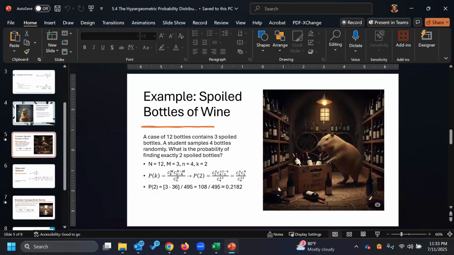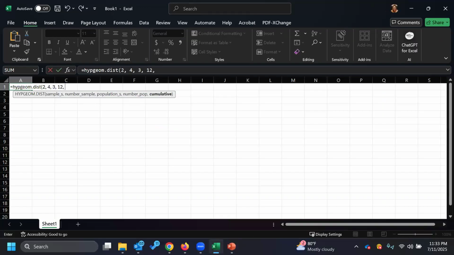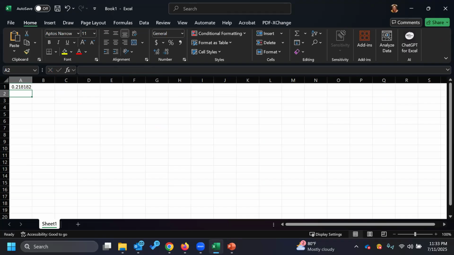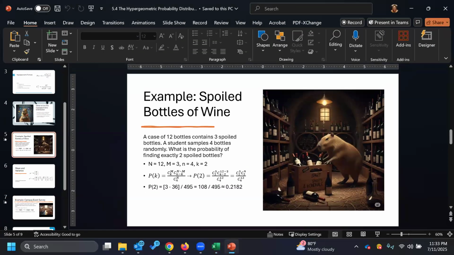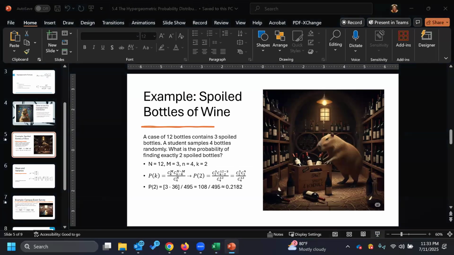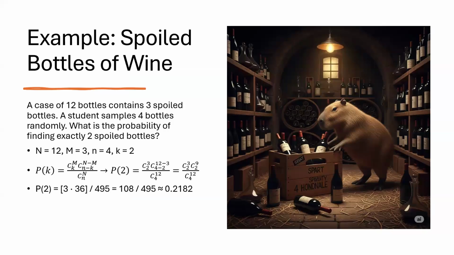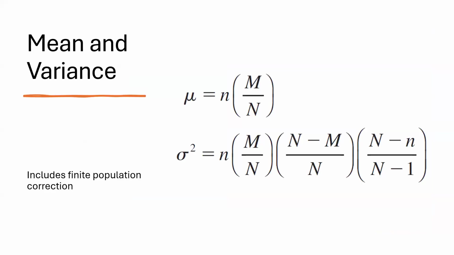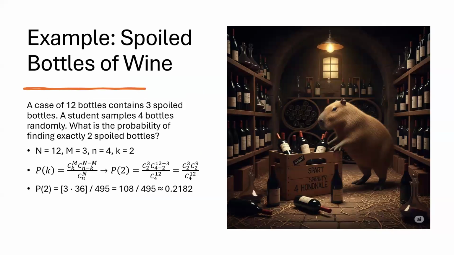And the number total in the population is 12. We do not want it to be cumulative, so we're going to put false. And there we get the 0.218, the same thing that we found doing it by hand. So there's about a 21.8% chance that 2 of the 4 bottles are spoiled.